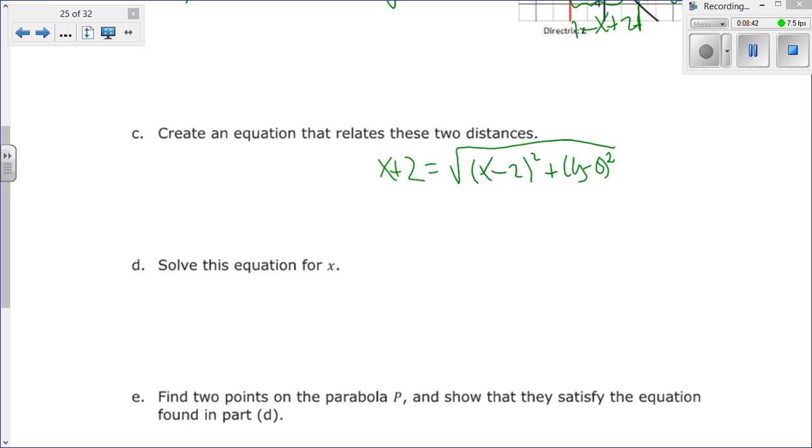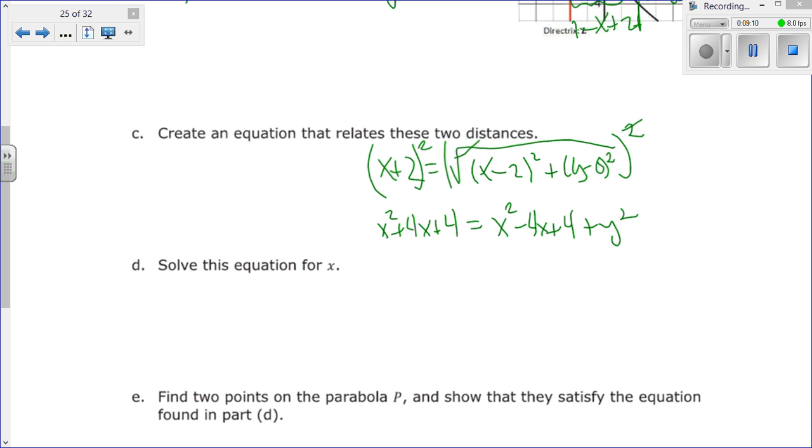And then D says solve this equation for x, so I'm just going to go right from here and solve it. First thing I need to do is square both sides, get rid of the radical, and that means that I will have x squared plus 4x plus 4. Do the box method off to the side if you don't see that. Here I will have x squared minus 4x plus 4 plus y squared.